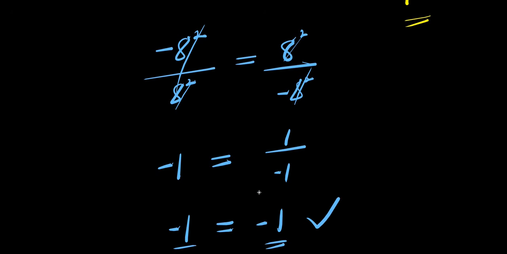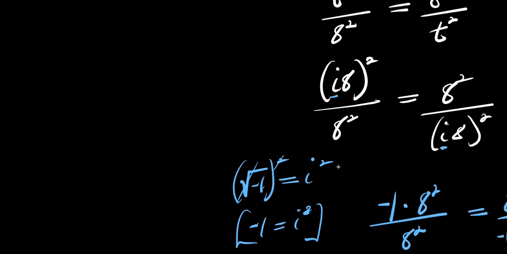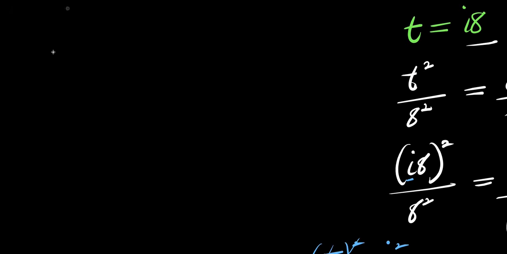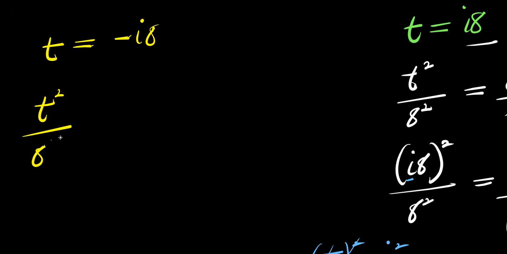Have you seen it? Now, let's consider the last complex solution, which is T equals -I times 8. Make use of the same identity. T power 2 divided by 8 power 2 equals 8 power 2 divided by T power 2.